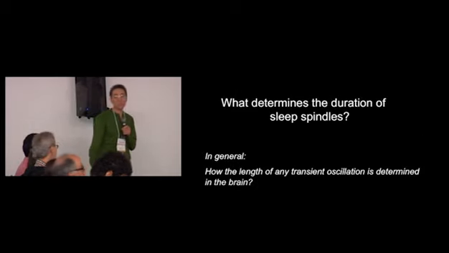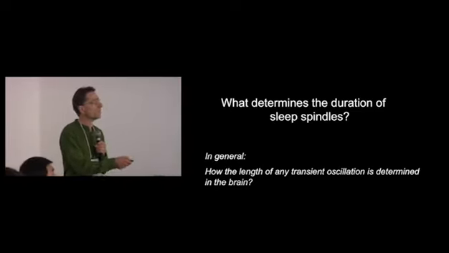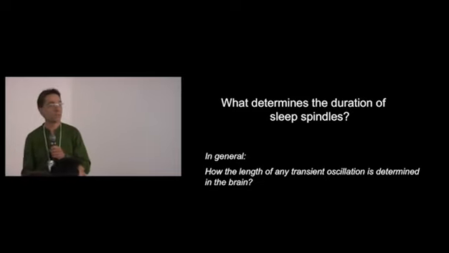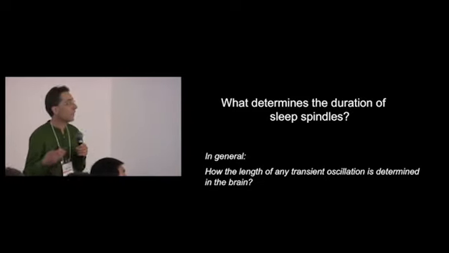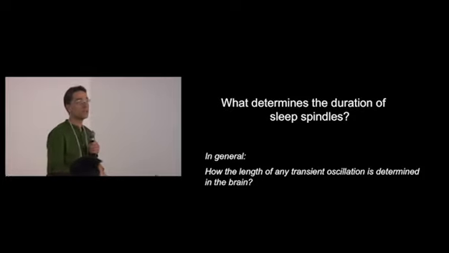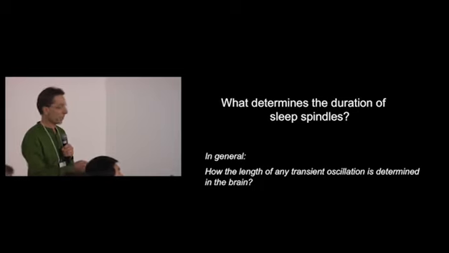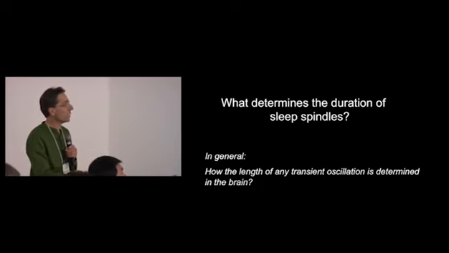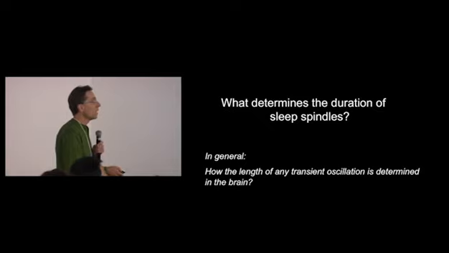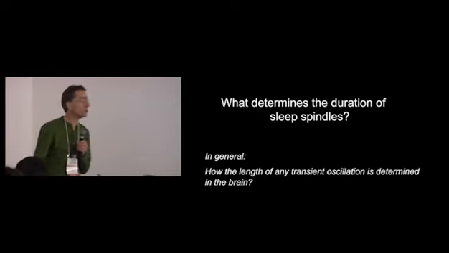So the question which we will ask in this talk is: what determines the duration of these spindles? What are the molecular and network mechanisms that tell an oscillation to stop? And of course, you may ask in general how the length of any transient oscillation in the brain is determined.